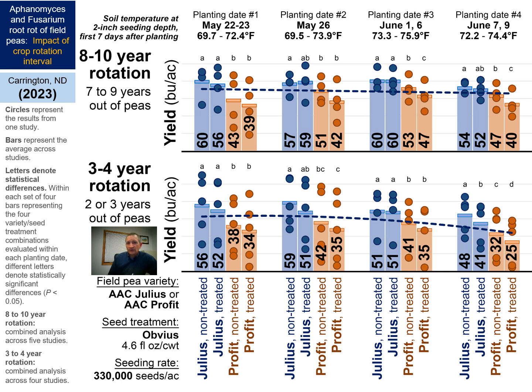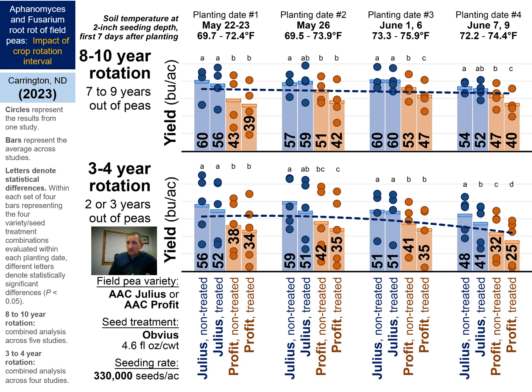So what about yield? With yield, crop rotation interval mattered. Let's look at the yields on that 3 to 4 year rotation. If you went in with the earlier planting, the Julius peas, the more tolerant variety, performed quite similarly in that 3 to 4 year rotation versus the 8 to 10.